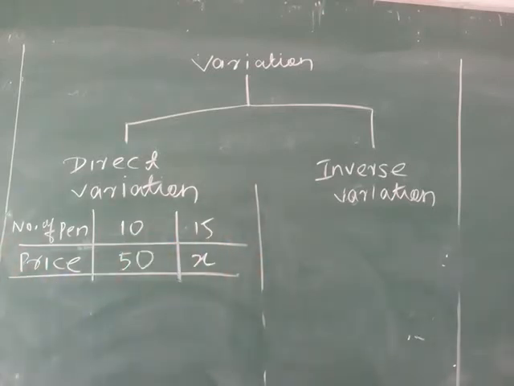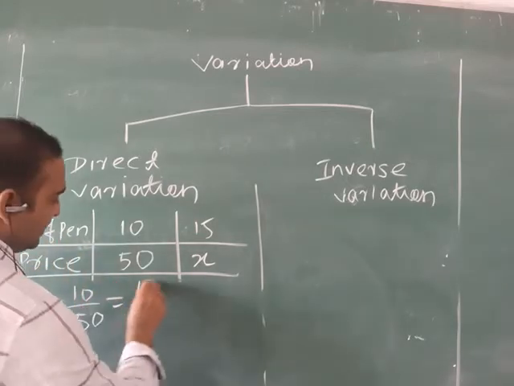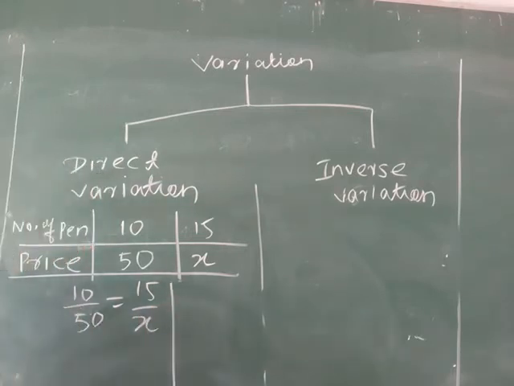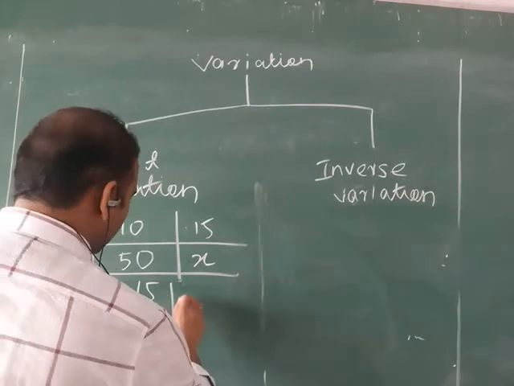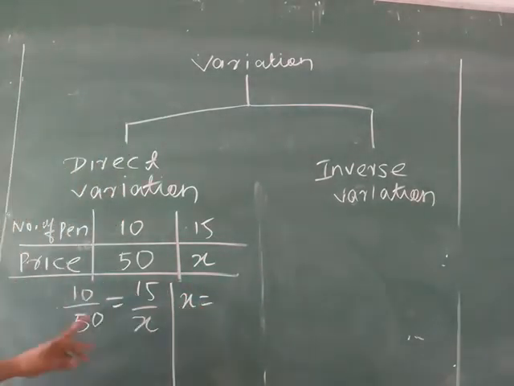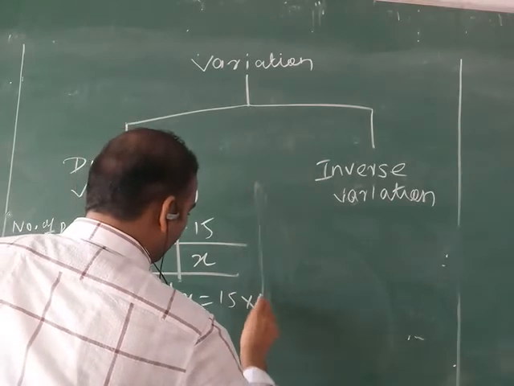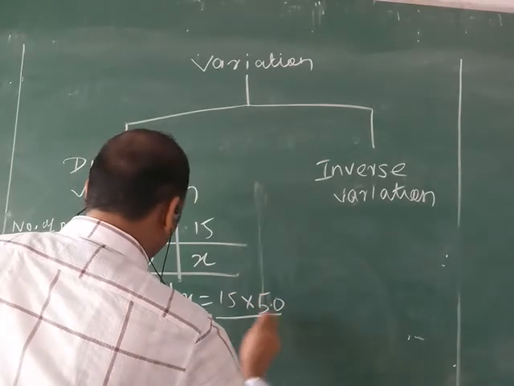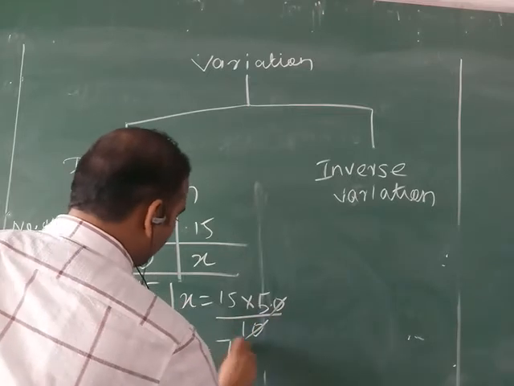In direct variation, as I told you earlier, the ratios are constant. That is 10 by 50 must be equal to 15 by x. That is, x is equal to 15 into 50 divided by 10, which is 75.